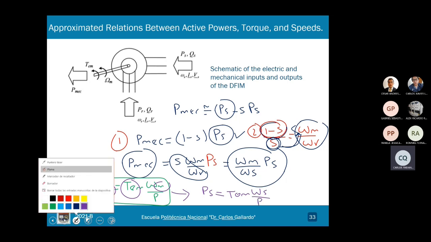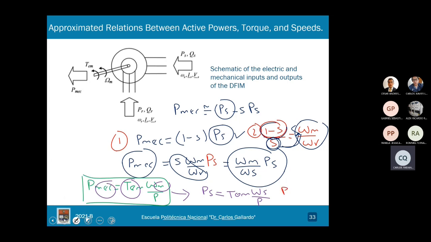And for the rotor, in a similar way, I will have the rotor active power, so I will have the electromagnetic torque times the rotor speed over the number of poles. So I will have this approximation in order to compute the mechanical power as a function of the mechanical torque. So it's better to use this approximation.